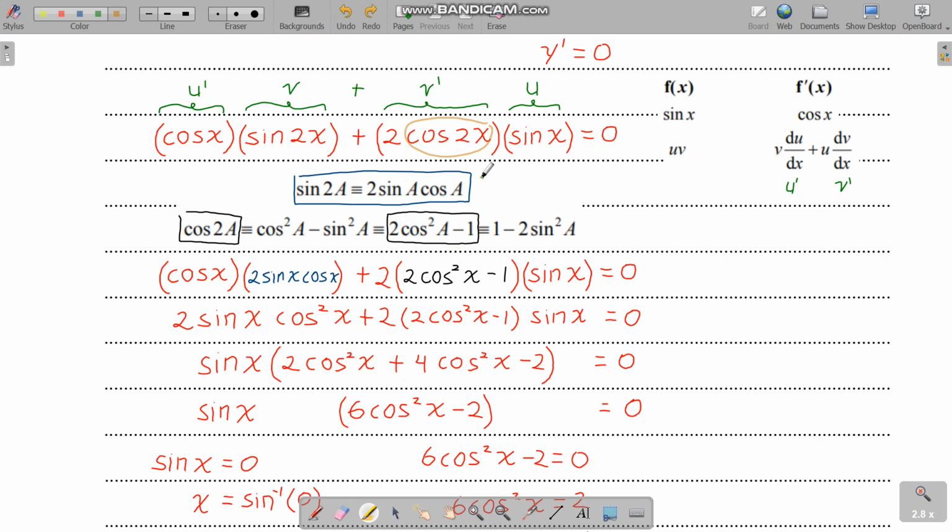Okay, in case you are wondering why do we use this form, why don't we use the other forms, the other forms will work as well.